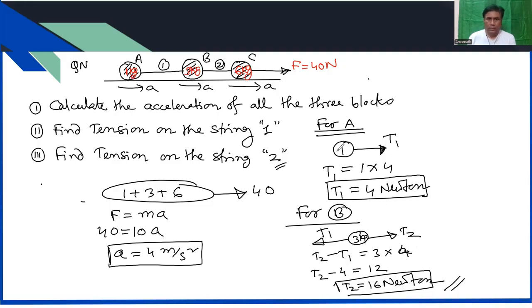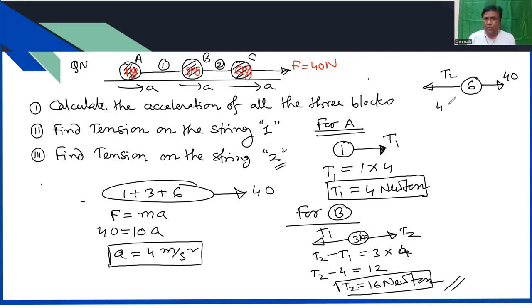Excuse me, sir. Sir, I first calculated for the 6 kg. For T2, I calculated with the 6 kg. So force is equal to mass into acceleration. So mass is 6 kg and acceleration is 4. So I got 24. But that is the net force, na? Here T2 is also there.